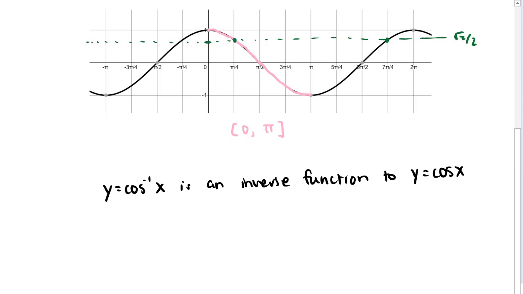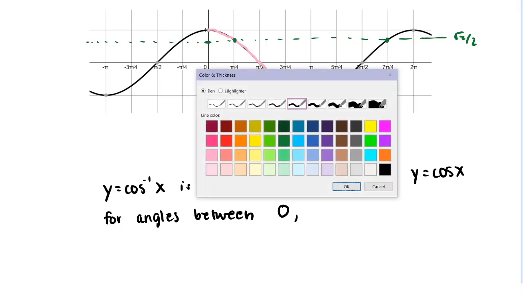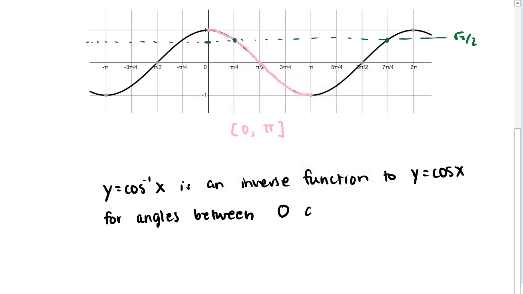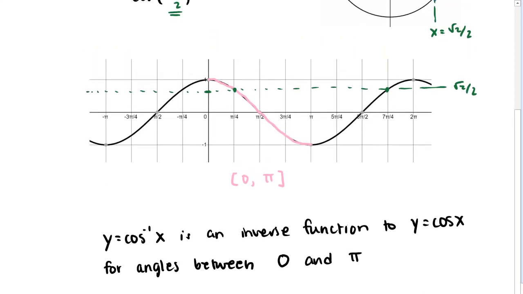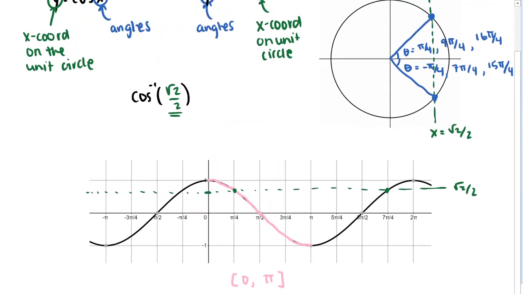It's only an inverse function to y is equal to cosine of x for angles between 0 and pi. So note that this is different from y is equal to sine of x, where the inverse function was defined from negative pi over 2 to pi over 2. Here the inverse function for cosine of x is defined from 0 to pi.